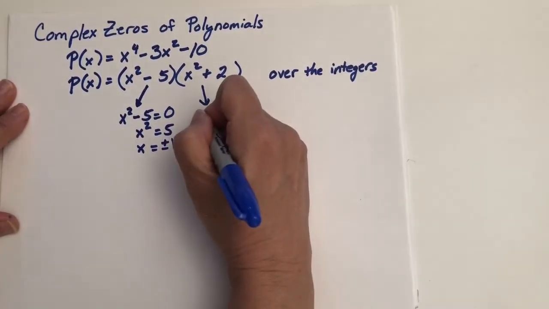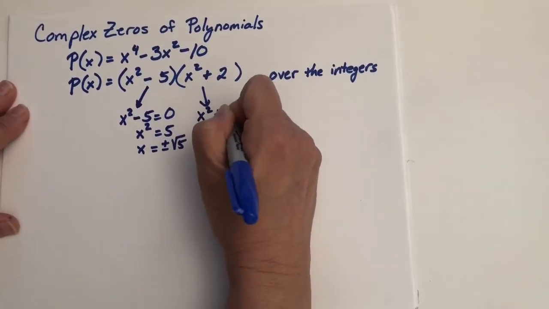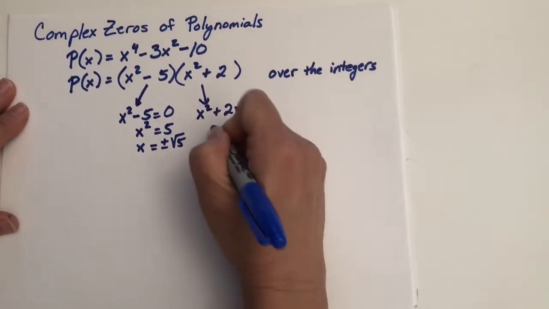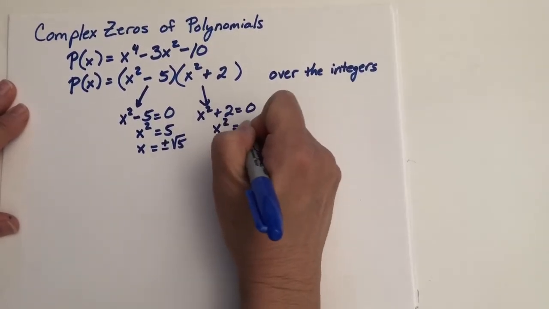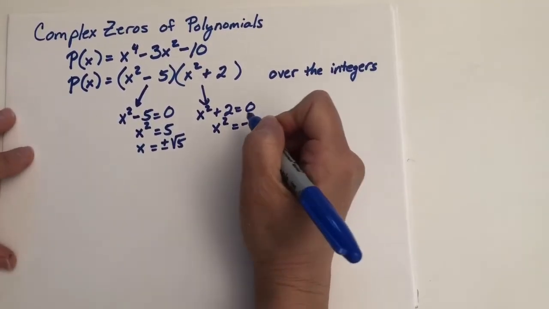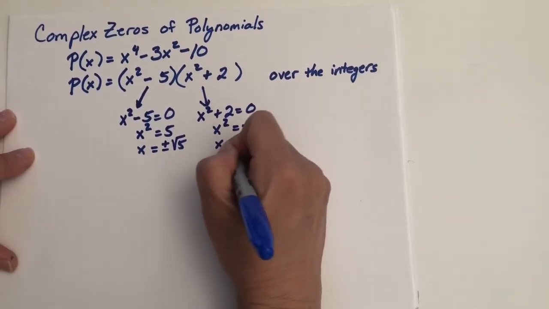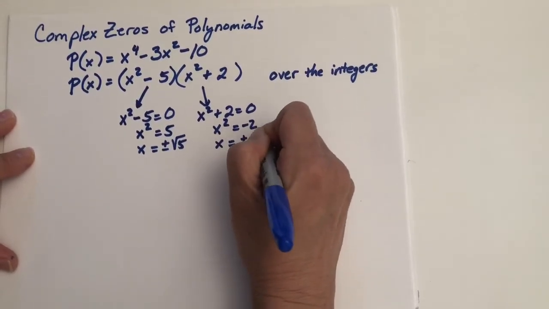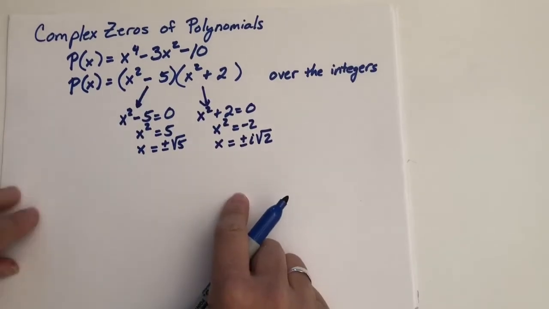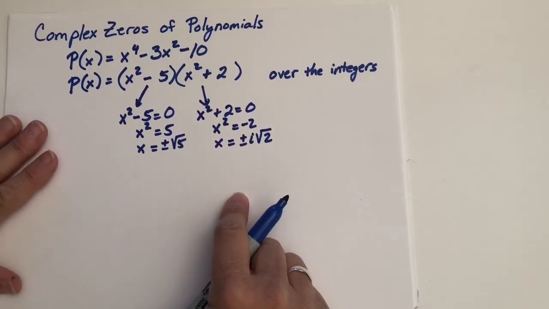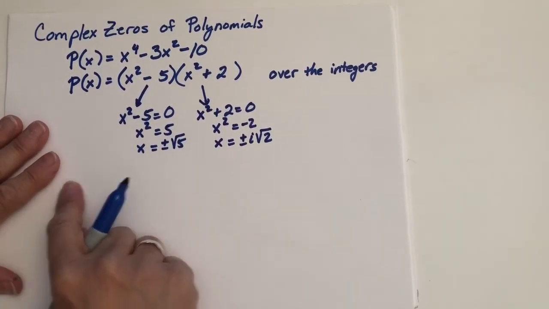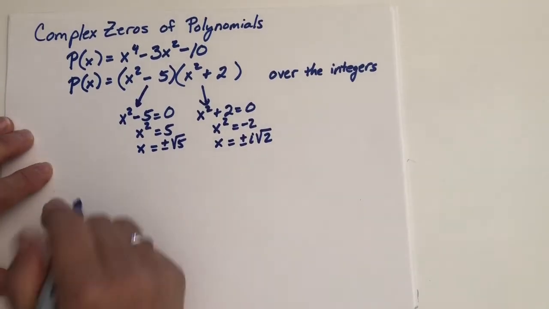And x squared plus 2 equals 0 would give us x squared equals negative 2, or x equals plus or minus i square root of 2. Now, depending on what the directions were, we could write this in another way.